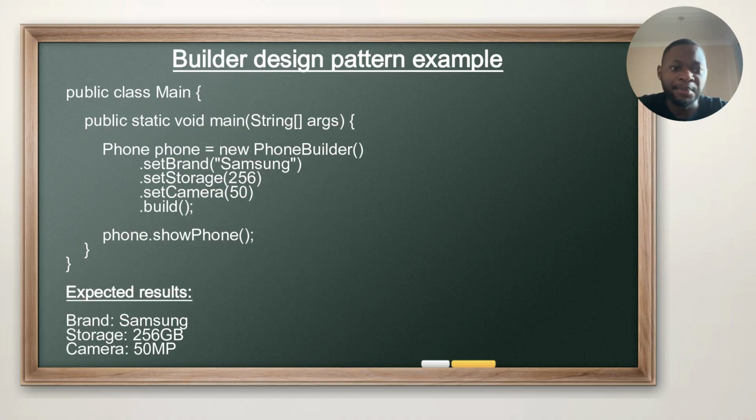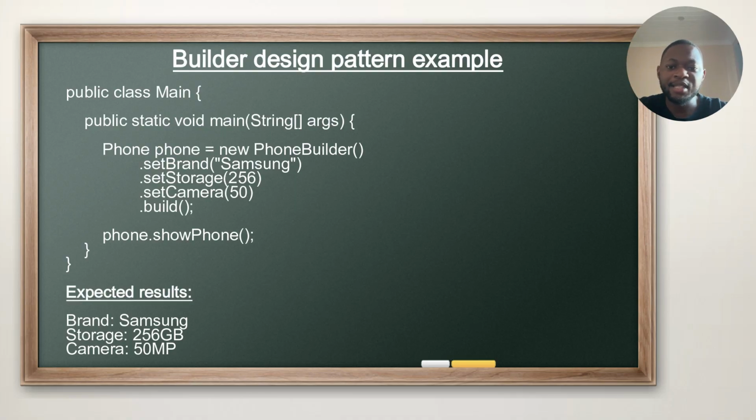Here we have our main class and our main static method, and we have our phone reference that equals the phone builder class. The phone builder class utilizes the builder design pattern. That's why you see we have the .setBrand and .setStorage, .setCamera.